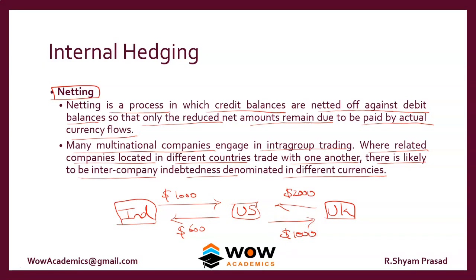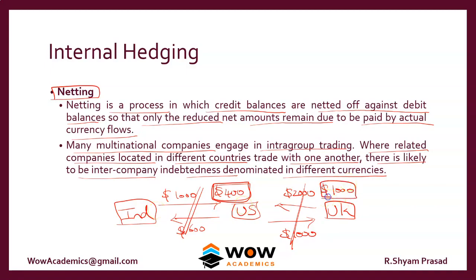Okay, so what we do here is we try to net it out. So if we net out this position, there is only $400 that has to be hedged. That is an income of US. Okay, income in dollar terms for US. If you net out this position, there is a $1,000 inflow for the company. So there are two types of inflows for the company.